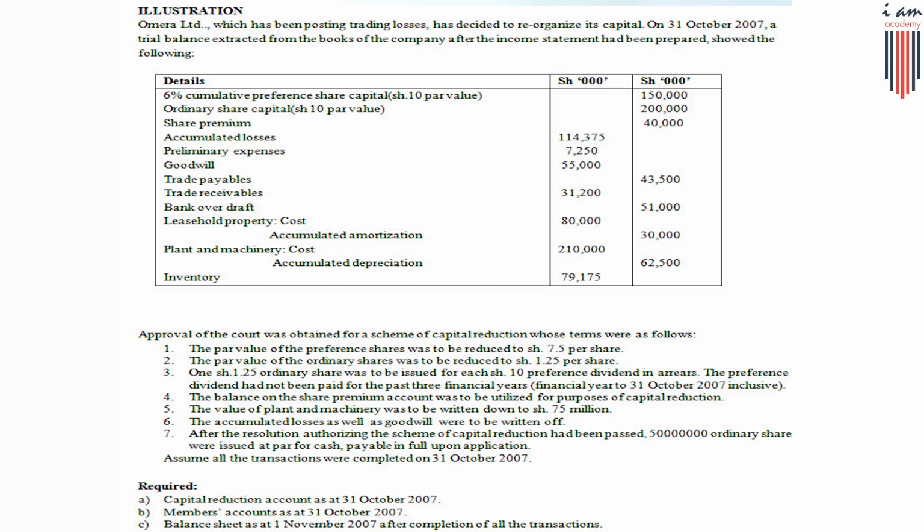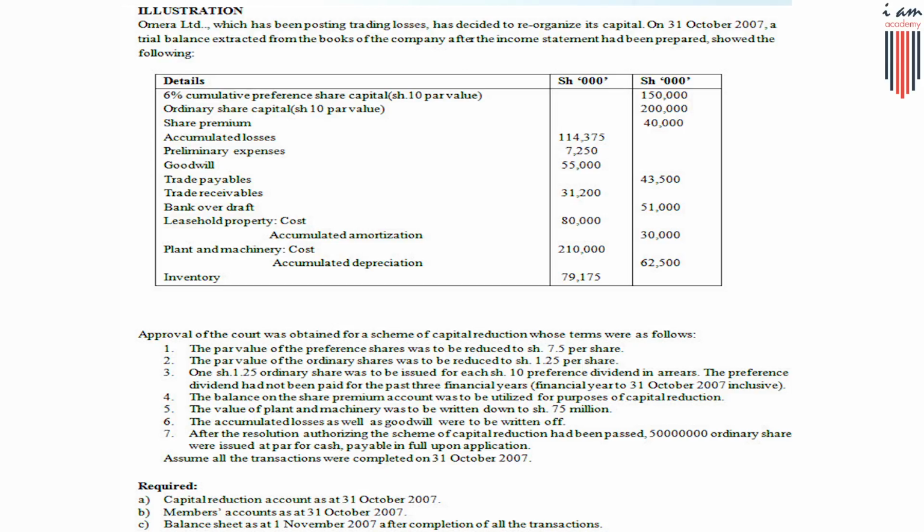As you can see from the example you already have in soft copy, we have the trial balance: 6% cumulative preferential capital, 10 shillings par value, a total of 150 million. We have the ordinary share capital, 10 shillings par value, a total of 200 million. We have the share premium, a total of 40 million.